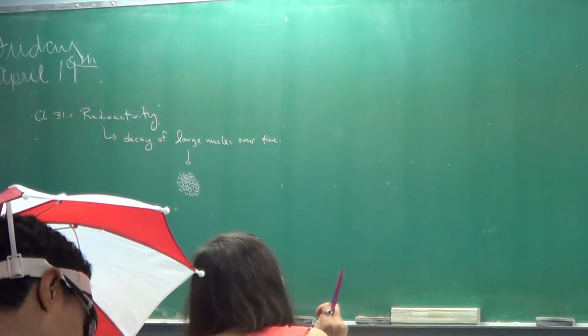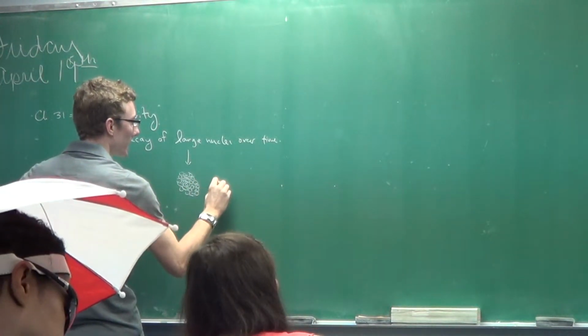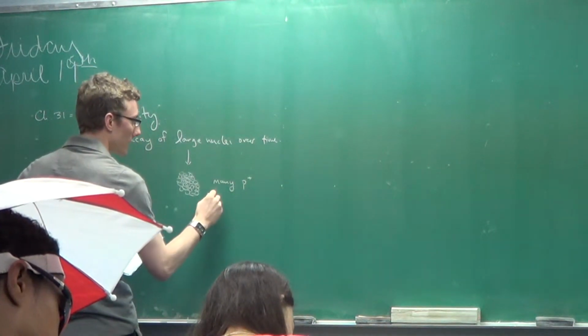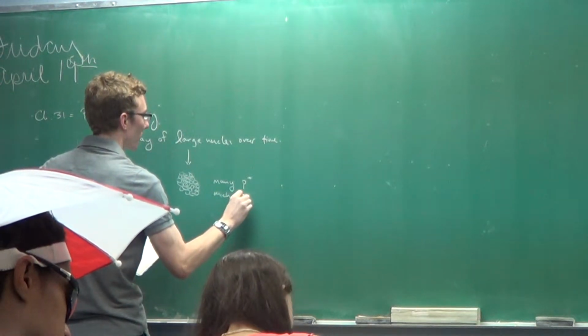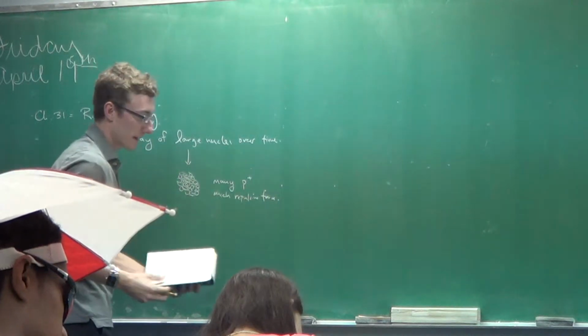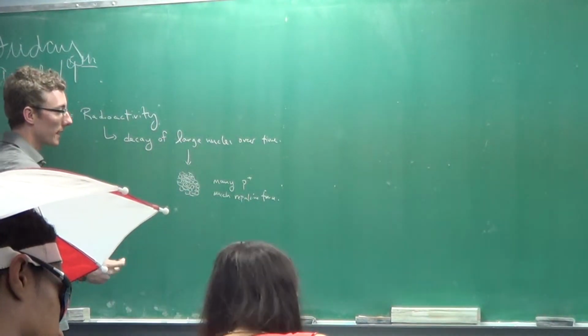So, large nuclei have many protons, and many protons means much repulsive force. So as the protons are wanting to get apart from each other, that's what makes the nuclei unstable.